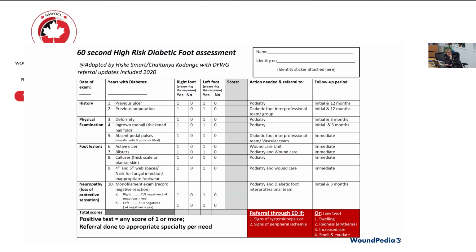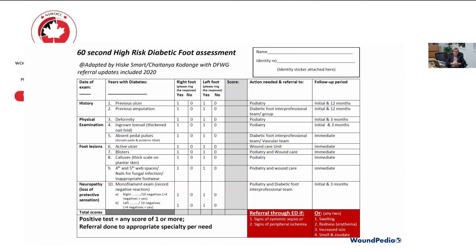And if they've got an active ulcer, a blister, a bad callus, you might want to see them almost immediately. And you have to be careful with the web spaces to address that maceration, because they're at high risk of getting a bacterial infection, a cellulitis, in the lower leg.